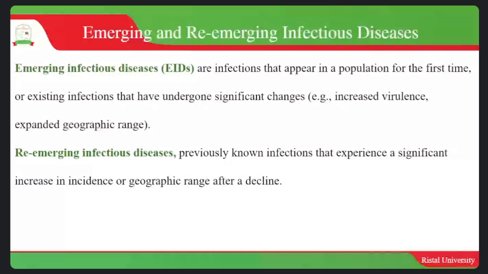We have mutation and evolution, where pathogens can mutate and evolve, leading to new strains that can evade existing immunity or treatments. For example, influenza. Urbanization.